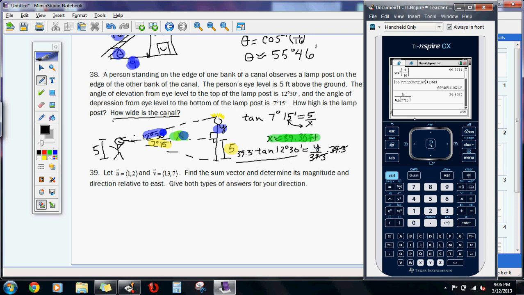So what I'm going to go to my calculator and do now is I'm going to click up, and I'm highlighting that value we just got, and I'm going to hit enter to bring it down. I also could have just clicked times because that would have given me my answer here, but I'm going to multiply that by the tangent of 12 degrees, 30 minutes.